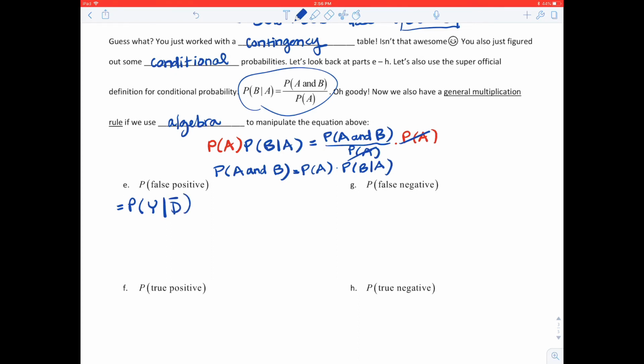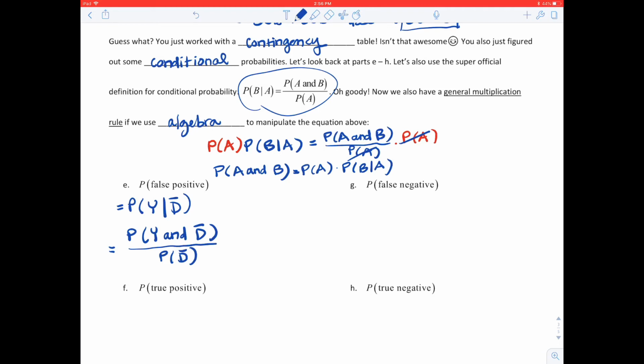Before, we made our denominator the number of folks in the study who didn't have the disease. But using this formula, we're going to have the probability that they test positive and they don't have the disease, divided by the probability that they don't have the disease. Let's see what we get.